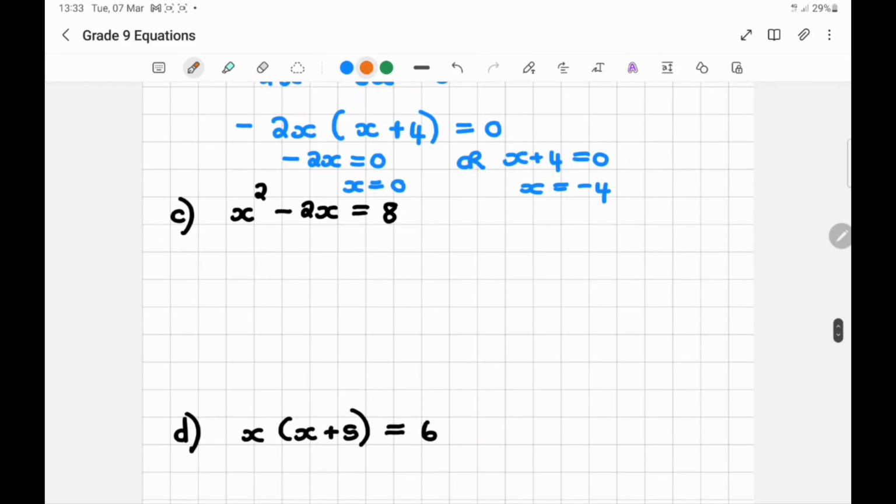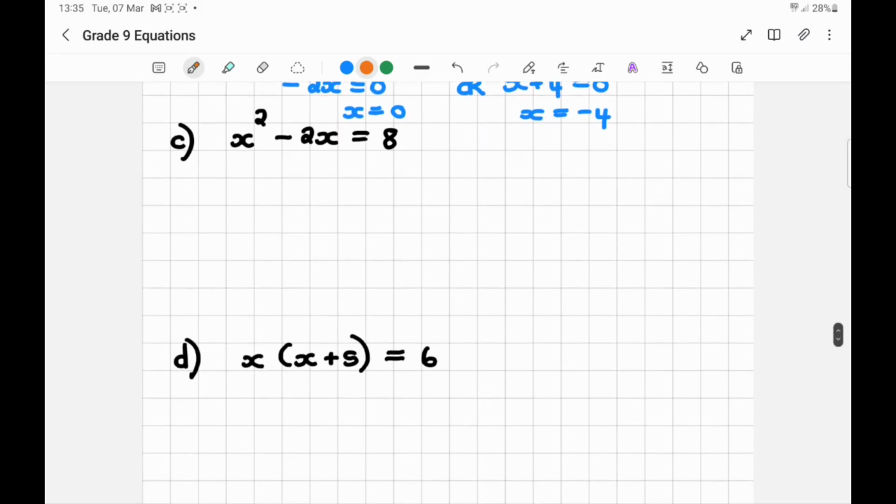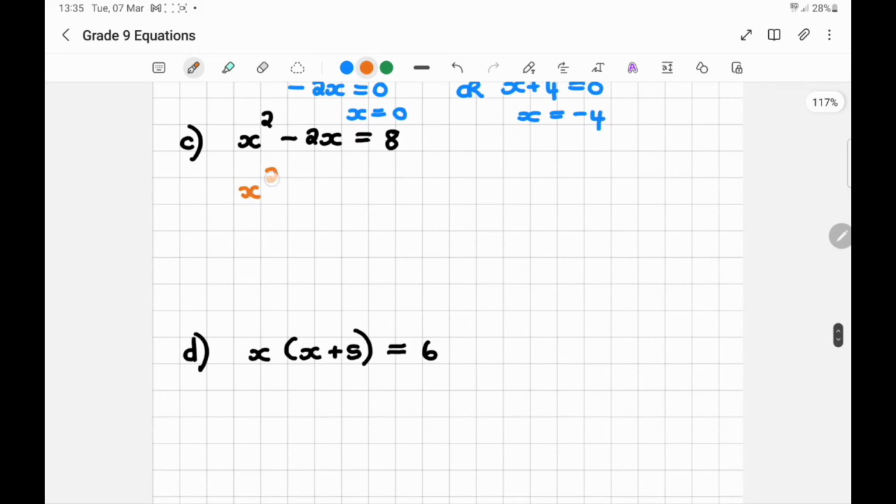Okay, step 1, equal to 0. Alright, so with this one, we have to equal to 0. So x squared minus 2x minus 8 is equal to 0. And that is a lovely trinomial. 2 brackets is equal to 0. The x splits, the signs are different.